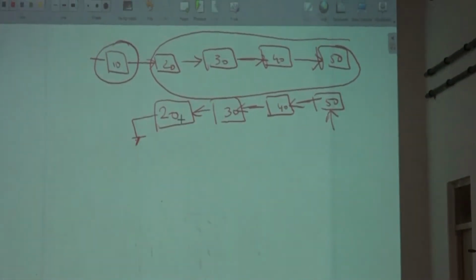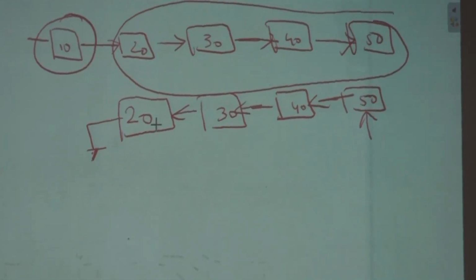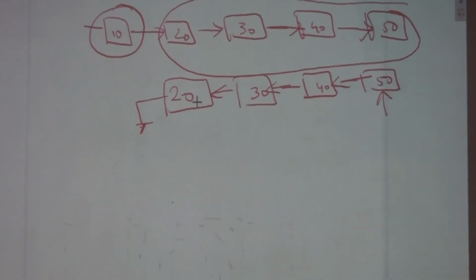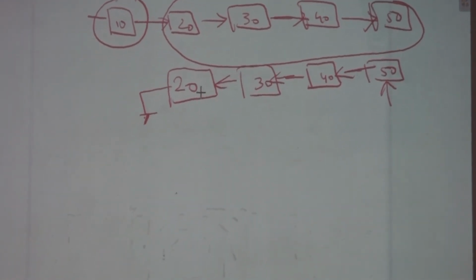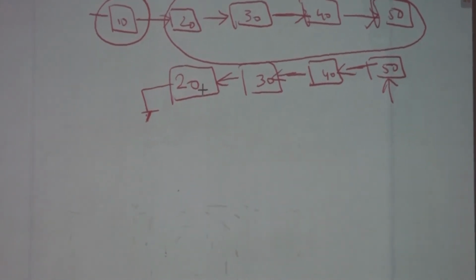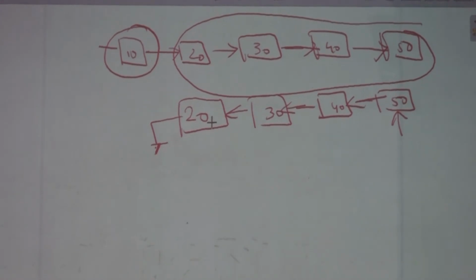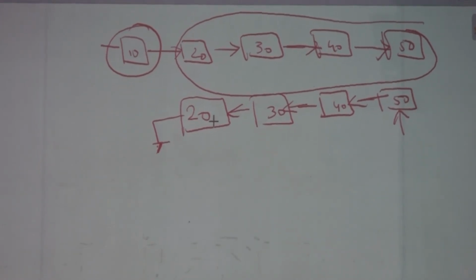Imagine you are on 10 and you have asked for the rest of the list to be reversed. When the rest of the list is reversed, it will start at 50, 40, 30, 20. So, the tail of the list will be who? Earlier next will be the tail.